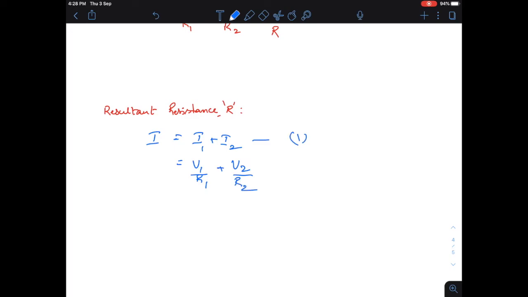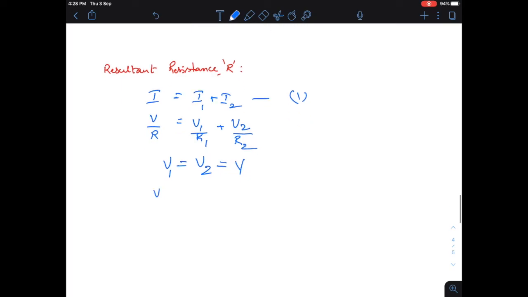Now, I can write it as V by R, but we know that V1 is equal to V2 is equal to V. So, this equation 2, I can write as V by R is equal to V1 by R1 plus V2 by R2. Therefore, I can replace V1 with V and V2 also with V, giving V by R1 plus V by R2.